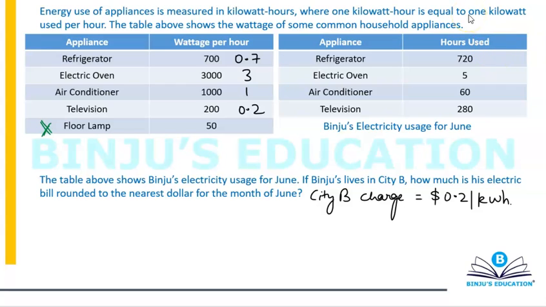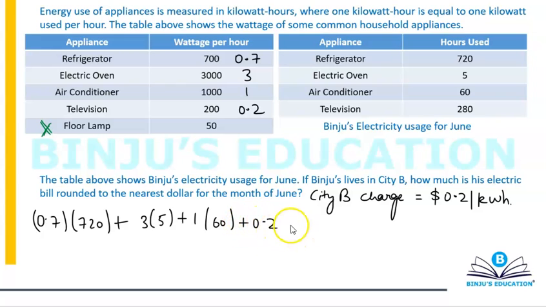Now refrigerator consumes 0.7 kilowatt per hour, and it has been used for a total of 720 hours. So I can say that it will be 0.7 into 720 as far as refrigerator is concerned. And the next one is electric oven, which is 3 into 5 plus 1 into 60 plus 0.2 into 280.